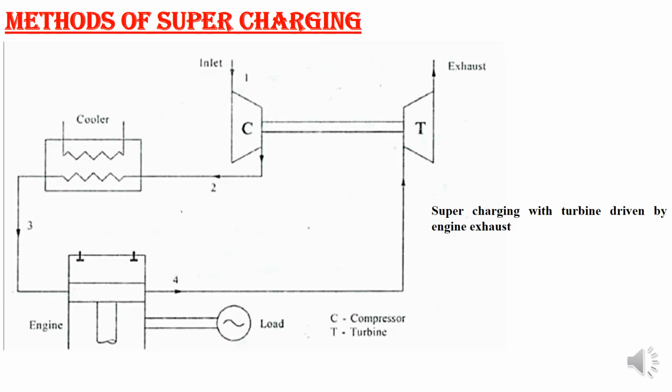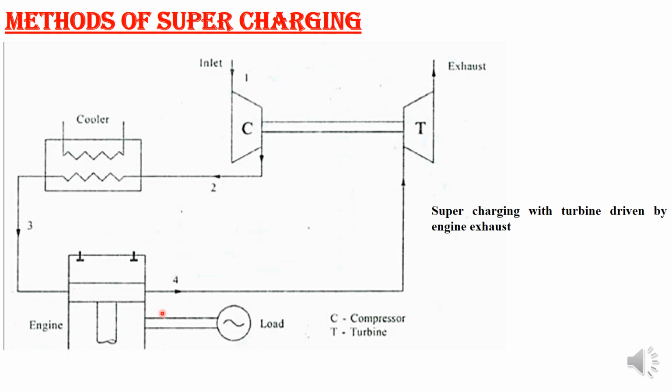The next method is supercharging with the turbine driven by engine exhaust. See the diagram over here. This is the intake, this will be the engine, and this will be the exhaust. In the first case, engine power had to be utilized.